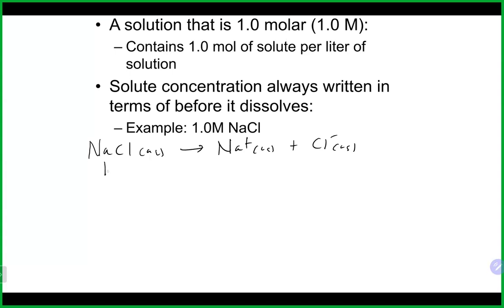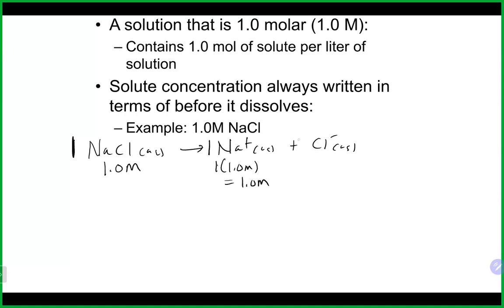And again, the way molarity works, as we talked about last time, is essentially you can do a stoichiometry sort of relationship. This is a 1-to-1 relationship, which means if you are interested in the concentration of just the sodium ions in that solution, it would be 1 times 1 molar, which gives you 1 molar. Same thing for the chloride.